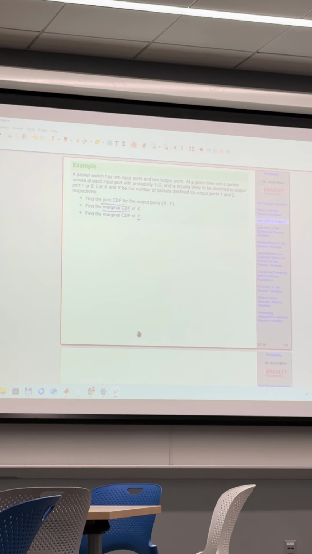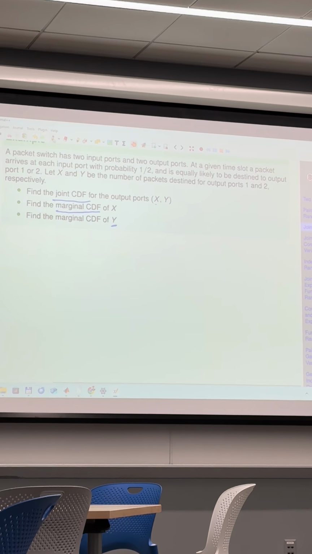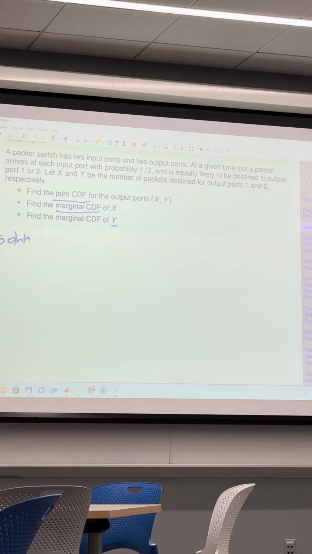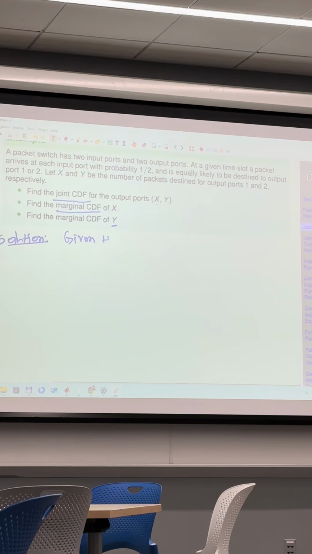So let's get started with it. Now, do you guys recall what the joint PMF solution was? Given the joint PMF of random variable x comma y in tabular format, do you guys recall?